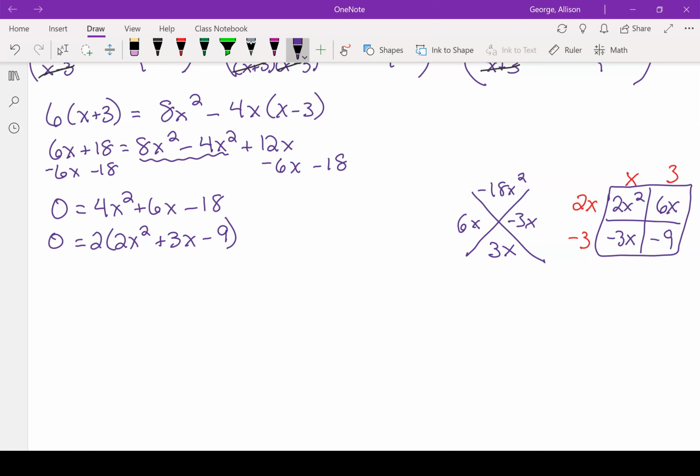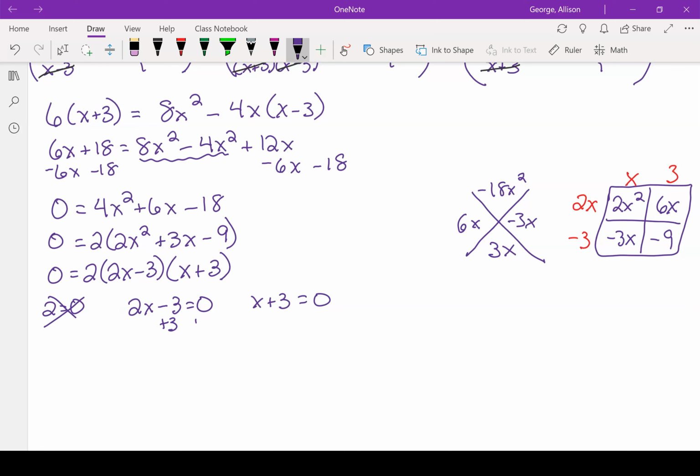Alright, so we can jump back over here to our problem, and we have 2 times 2x minus 3 times x plus 3. Alright, so I'm going to set all three of those equal to 0. Alright, that one, don't worry about, can't solve it. For this one, I'm going to add 3 to both sides.